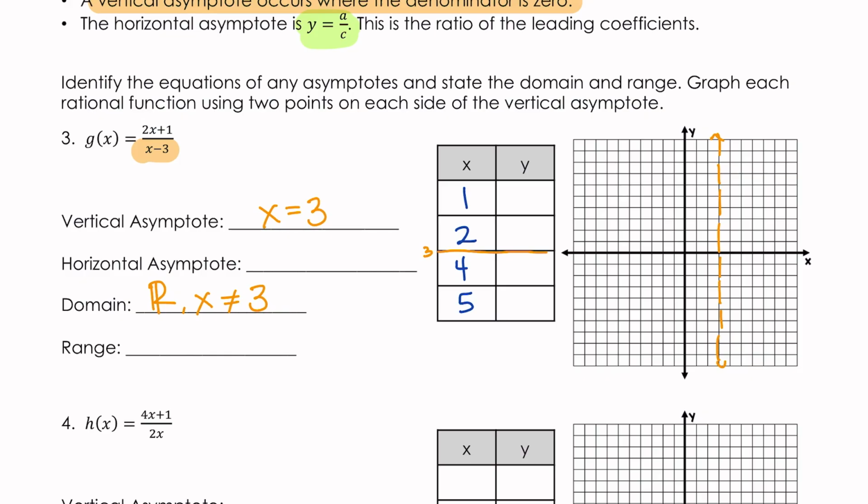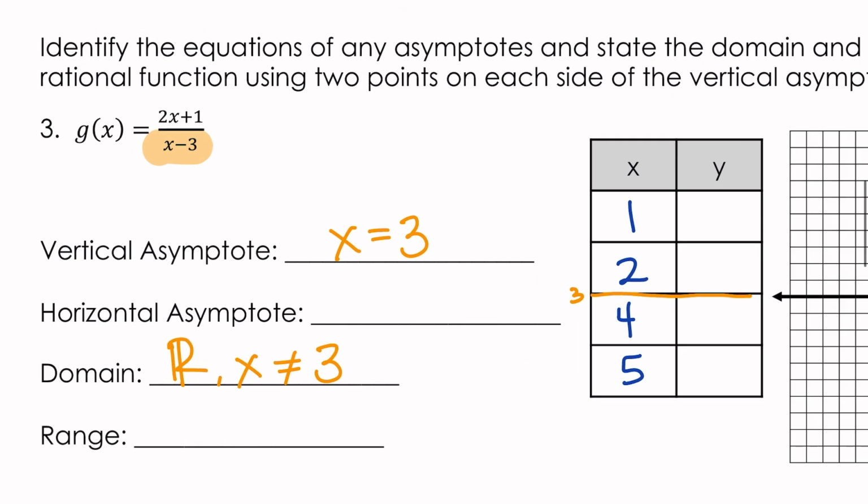For my horizontal asymptote, this is where it changes from the first side of the page. We're going to look, it says a over c. A over c is this value over this value. And it's kind of like, what is the coefficient of x on top over what is the coefficient of x on the bottom? And so we have like a 2 over 1, which is just 2. So y equals 2.